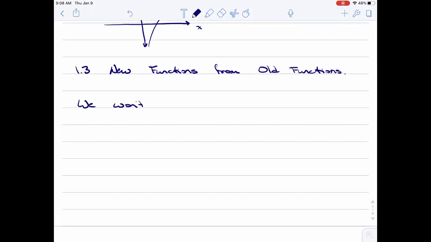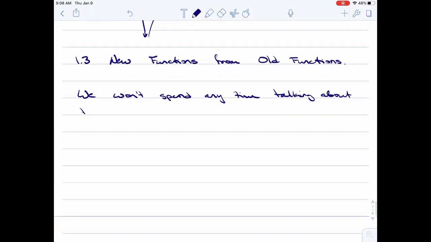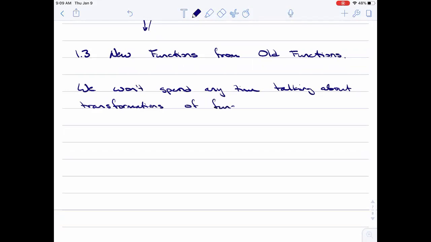But I will say this, we won't spend any time talking about transformations of functions. Just to keep my options open, I'll say we will revisit the topic as necessary.